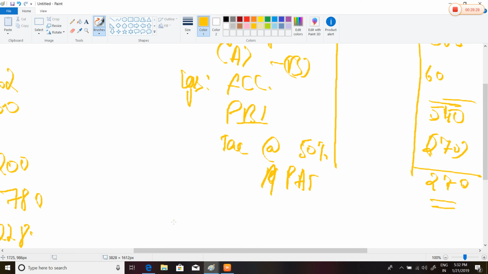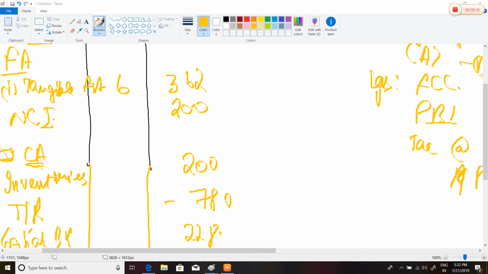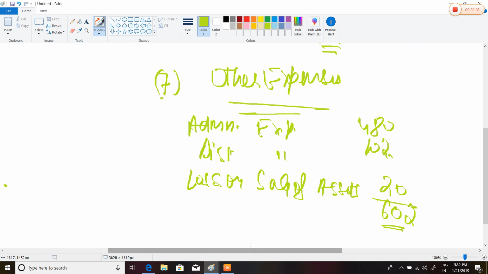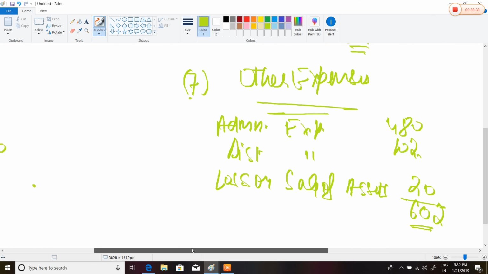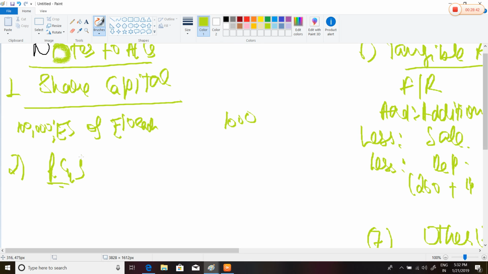Now see working note number 2, notes to account number 2. See there, profit for the current year. How much? 270.